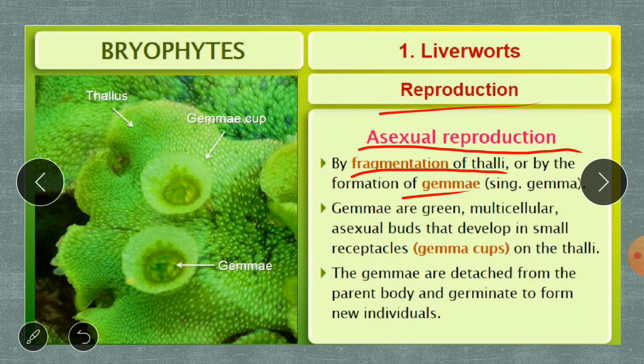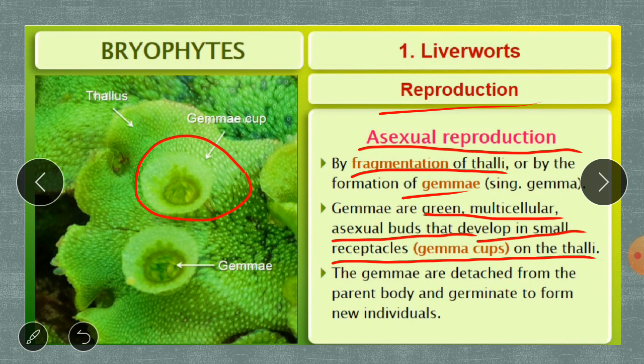Gemmae are green multicellular asexual buds that develop in small receptacles called gemma cups on the thalli. So here you can see these are the gemma cups in which the gemmae develop.